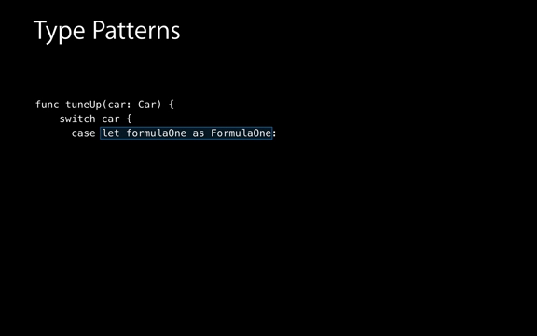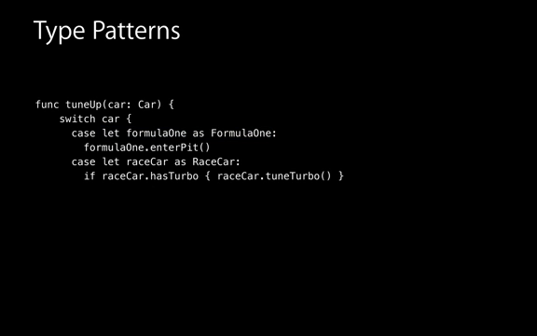This will both check that a value is of a type, and if so, cast it, and pass it into the subpattern, which we can then use to bind a variable. And then we can pass it on to a pit crew who will then tune up that Formula One car. For a more mundane car, we can pattern match it, and then if it has a turbo, tune up the turbo before falling through using the fallthrough statement into the default case that does the normal tune up for a car.